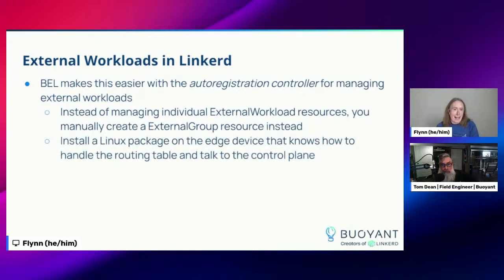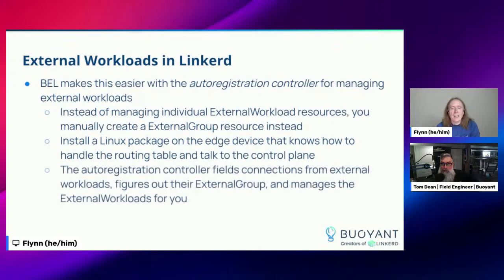You install a packaged piece of Linux software on your edge device that bundles up all of the annoyances with the IP routing table and how to talk to the control plane and things like that. The auto registration controller then fields connections coming back in from your external workloads, figures out which external group they belong to, and then it manages the external workload resources for you. It is so much easier than doing it the hard way. It's kind of not even funny.